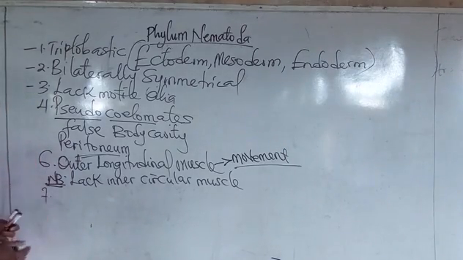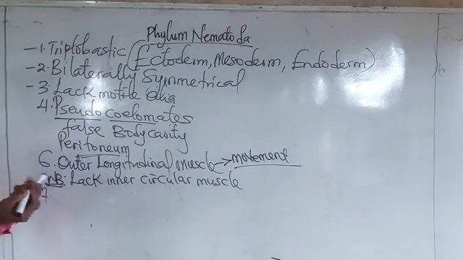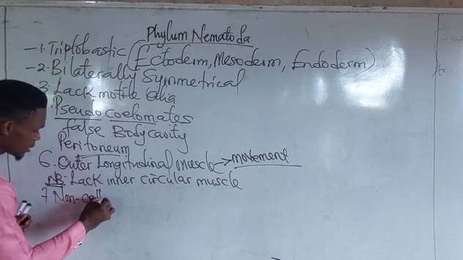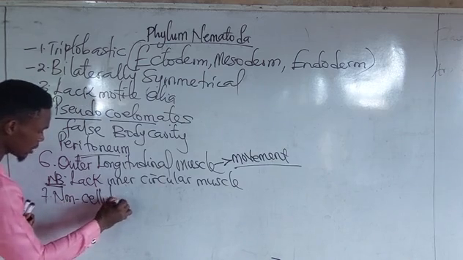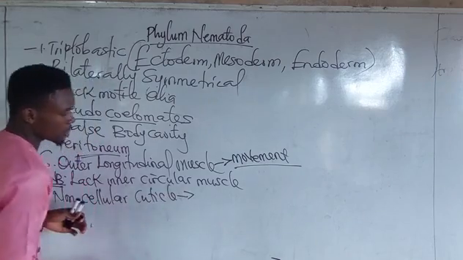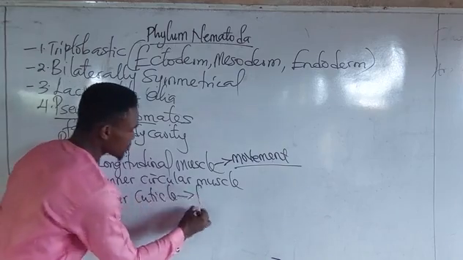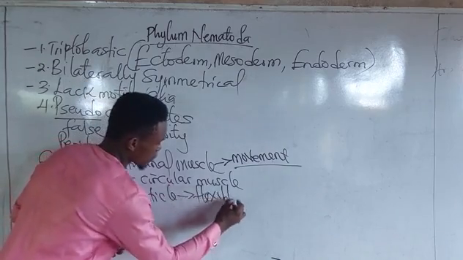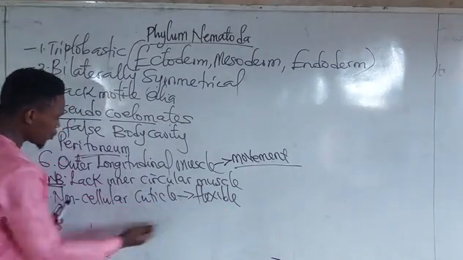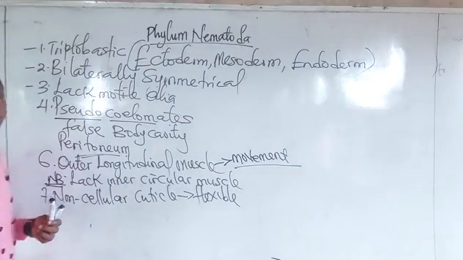Number 6, let me give you number 6. They have a non-cellular cuticle. Now this cuticle is actually flexible. You can rephrase this by saying they have a flexible non-cellular cuticle.